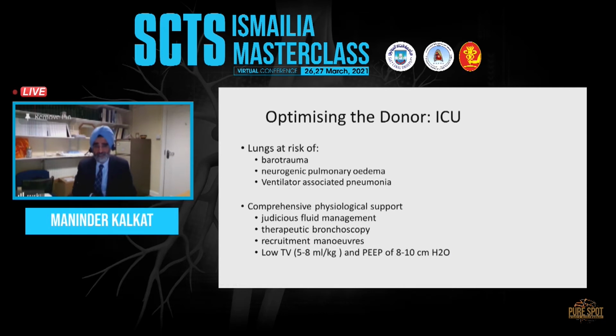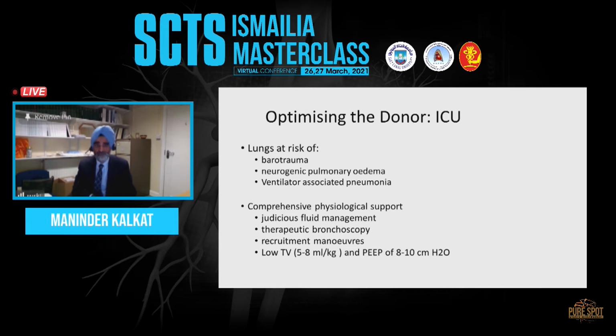So to get that number up, so we have a waiting list, which is getting bigger, and we have fewer donors. And as I said, it's only about 20% of these who get implanted. So we need to optimize these donors, and the journey starts right in the beginning in the ICU. So we should try to reduce the risk to these lungs getting injured by barotrauma or neurogenic pulmonary edema or the ventilator-associated pneumonias.